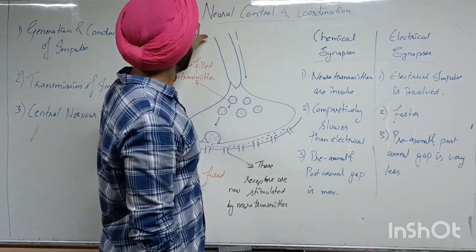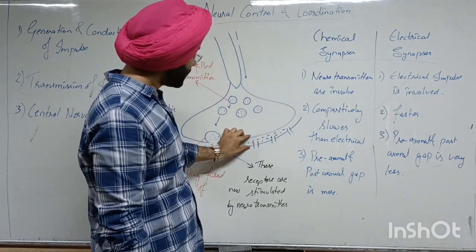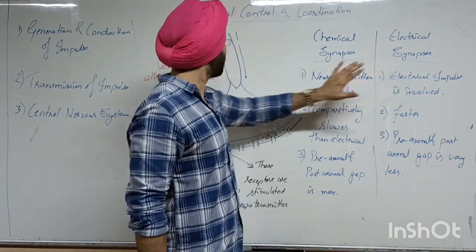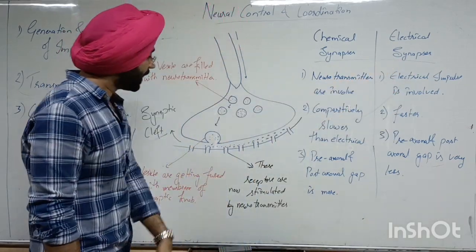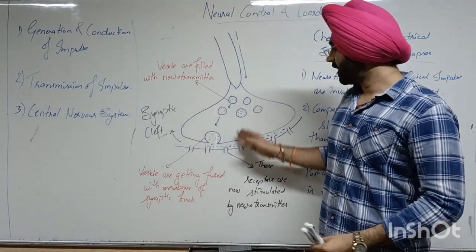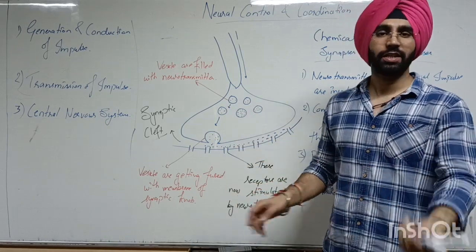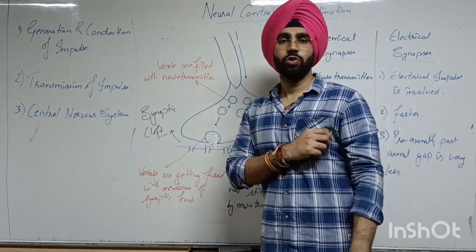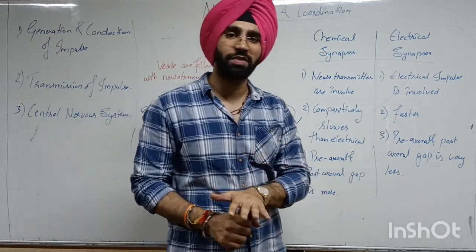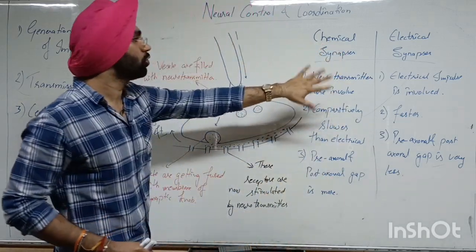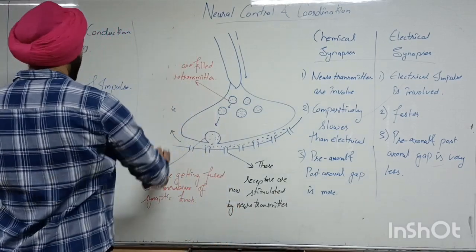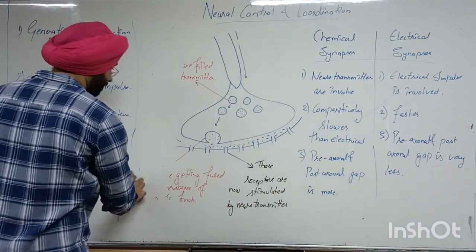All that happens is the action potential, and the gap of the synaptic cleft is very less in electrical synapses, so the action potential is carried straight, continuously from the synaptic nerve to the next neuron. In that way, electrical transmission is much faster than the chemical one, because there is no involvement of neurotransmitter. So let's come to the next topic, our central nervous system.